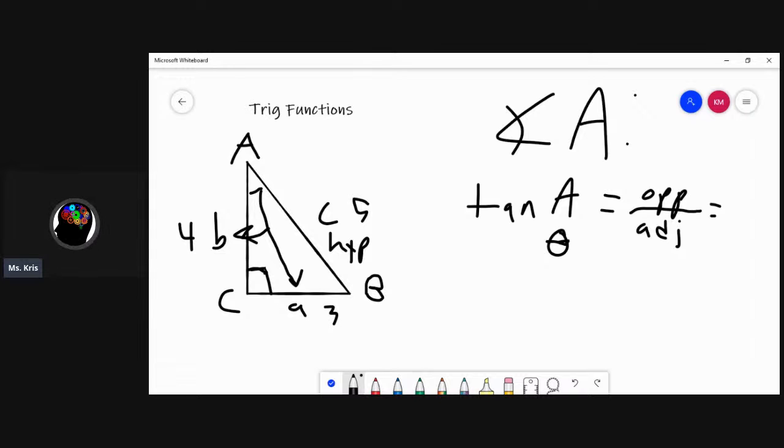You can't go cosine A and then talk about tangent B and try to relate them because they will not be of relatable stances. Okay? So tan A equals the opposite over adjacent as it relates to angle A, which would be A over B, which is 3/4.